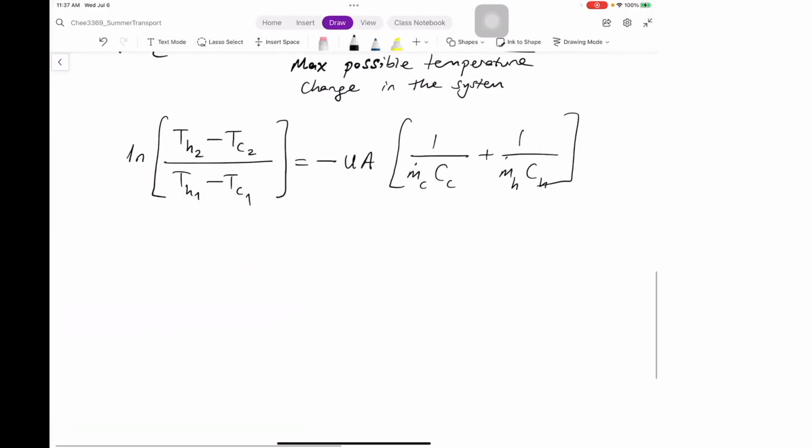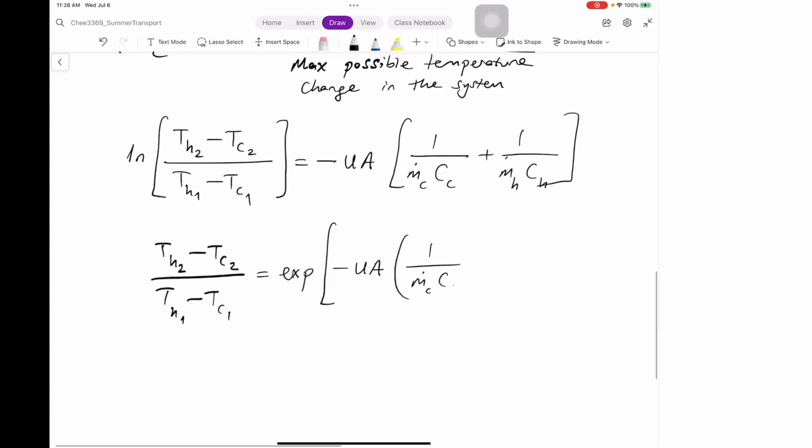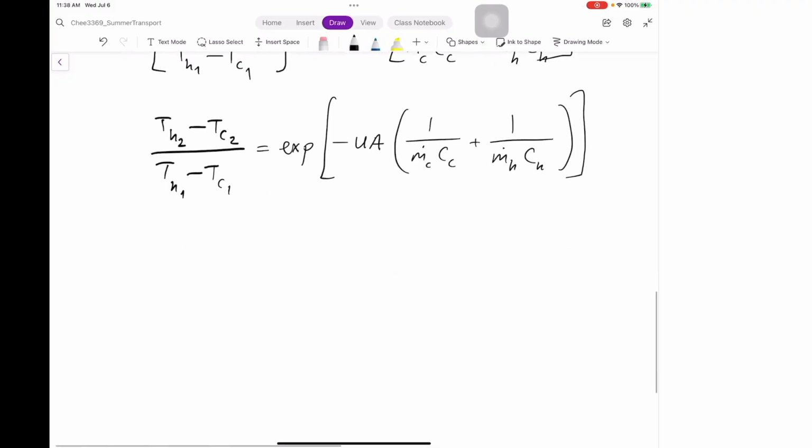And from here, we have (T_hot2 − T_cold2) over (T_hot1 − T_cold1) is equal to exponential negative UA (1 over m_c·C_c + 1 over m_hot·C_hot). Okay. And then let's think about one of the scenarios.